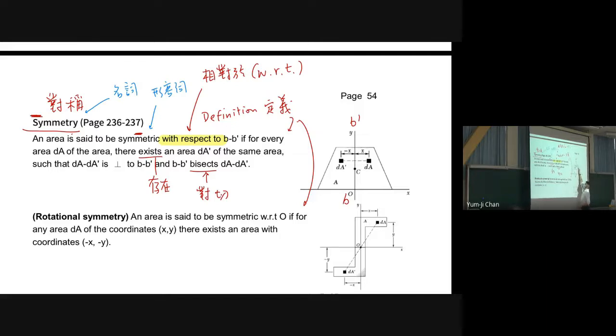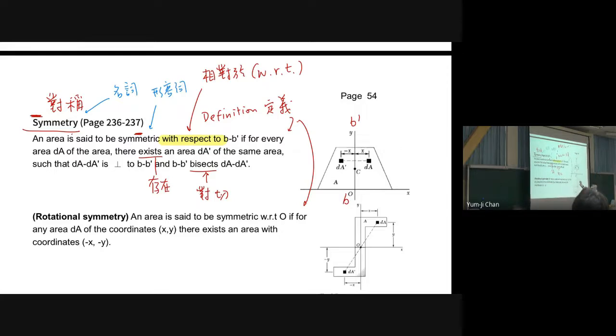The last line is talking about the line connecting DA and DA prime, and it is perpendicular to B prime, and this line bisects this line. Okay, so it's only talking about if we have one area to the right, then we have an area to the left.